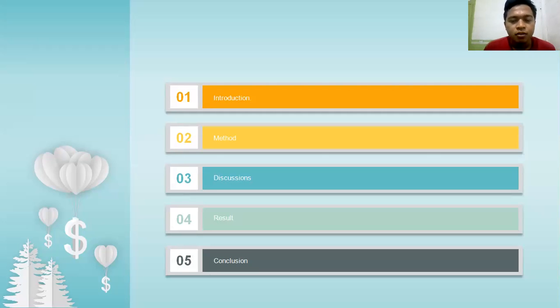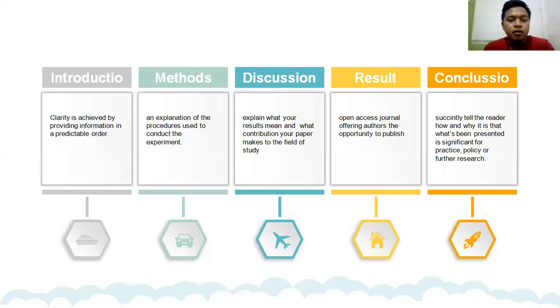This article has 5 subtopics: introduction, method, discussion, result, and conclusion. In the introduction, clarity is achieved by providing information in a predictable order, like the purpose of the study. The methods give an explanation of the procedures used to conduct the experiment.